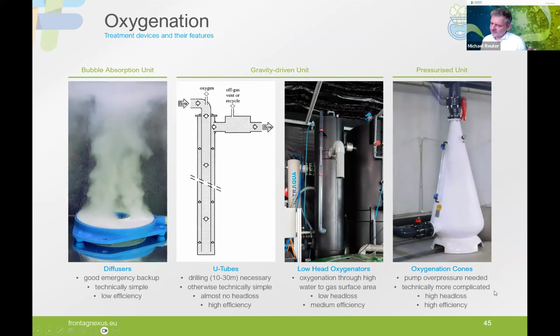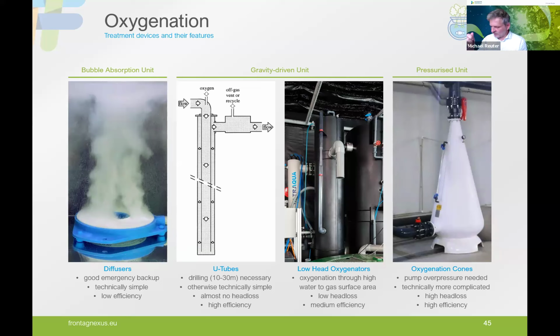And it's technically a little bit more complicated than the other devices, also because not the whole water flow runs through these pressurized units, but only part of the total flow, so that we need a second bypass, and we have to take care that the right amounts of water run through the pressurized unit and also through the bypass.